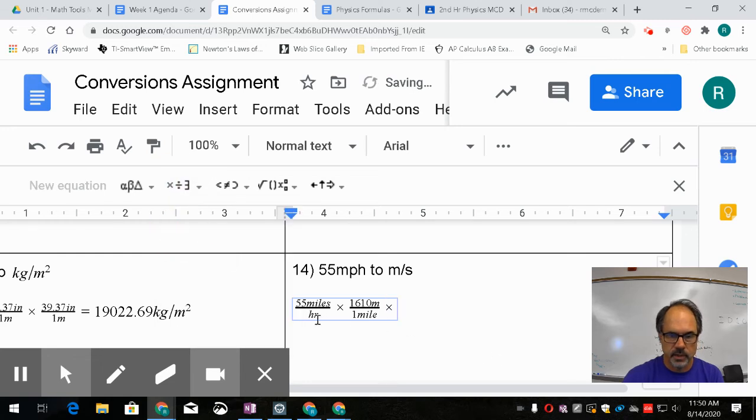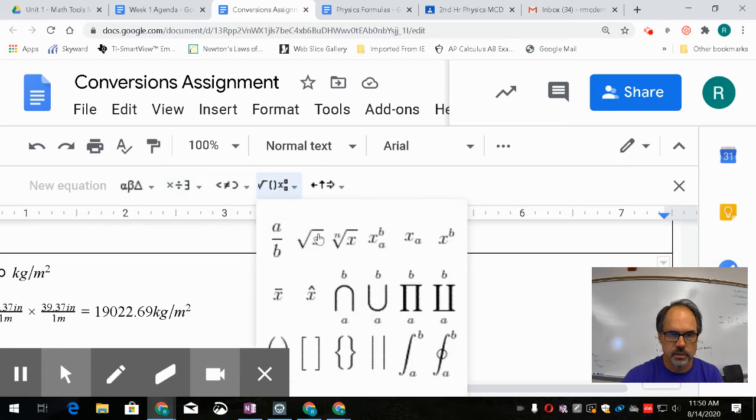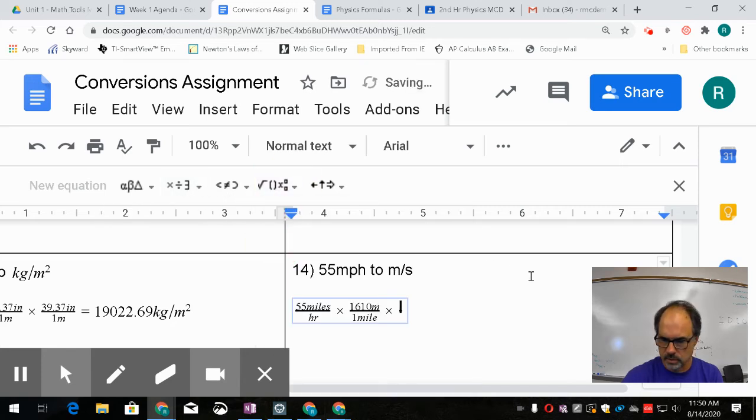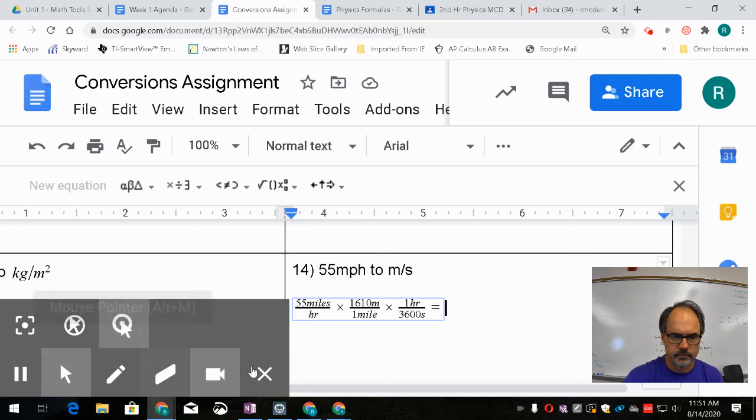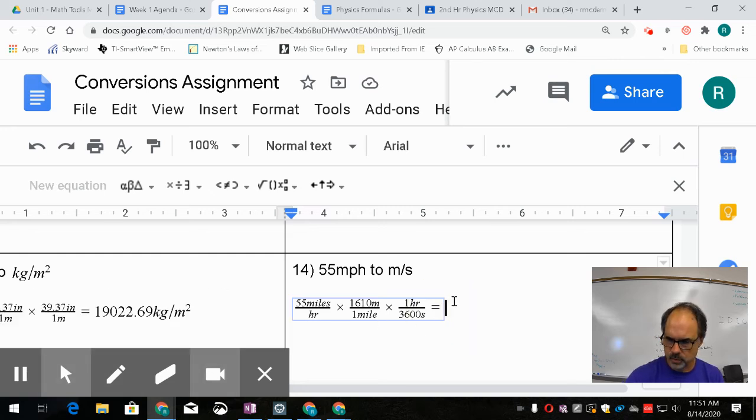And then we need to get rid of hours, so 1 hour, we do the fraction. 1 hour is equal to 3,600 seconds, like so, and we can hit equals, we can do the math there, and then write our answer. So our answer here is 24.6 meters per second. So we can just do meters/seconds here, and that's it.